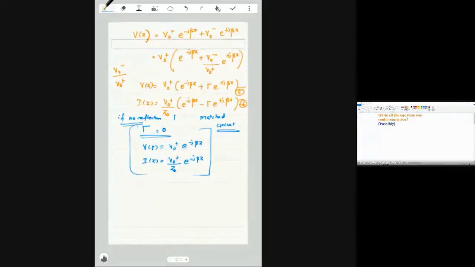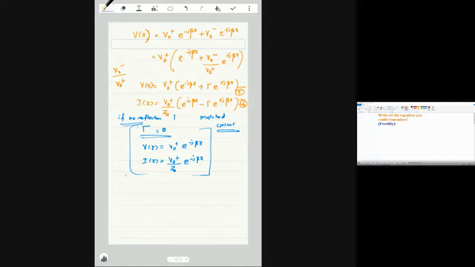So coming back to the derivation, now with that I'm going to calculate the power. How much power can I send if I know this voltage and current? How to calculate the power? Okay, the power is calculated as, probably take another color.